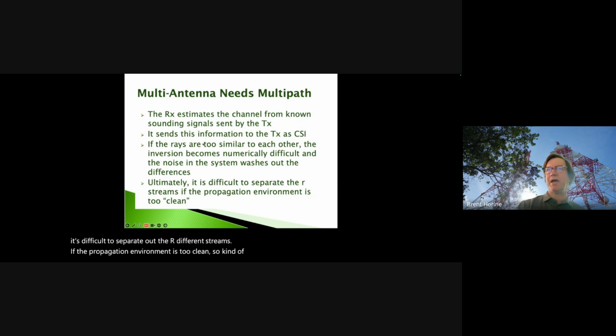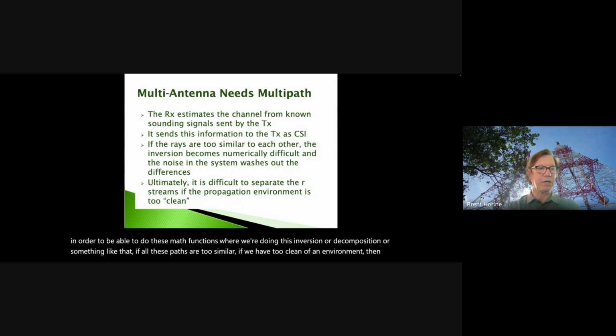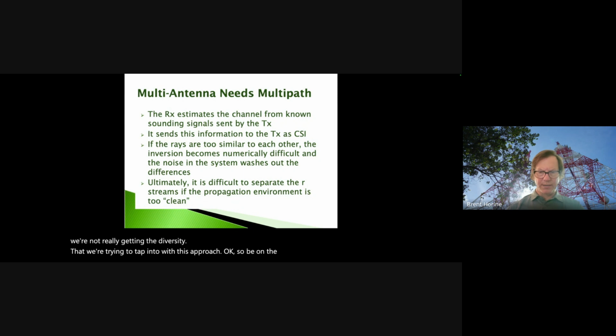From a mathematical standpoint, in order to do these functions, where we're doing this inversion or decomposition, if all these paths are too similar, if we have too clean of an environment, then we're not really getting the diversity that we're trying to tap into with this approach.